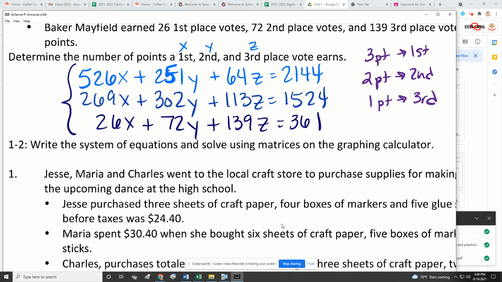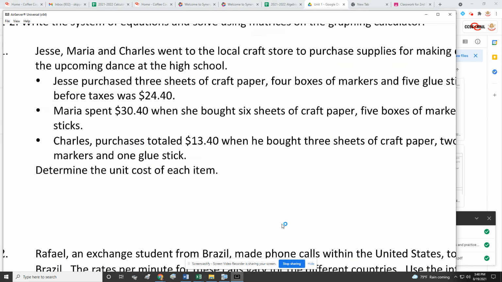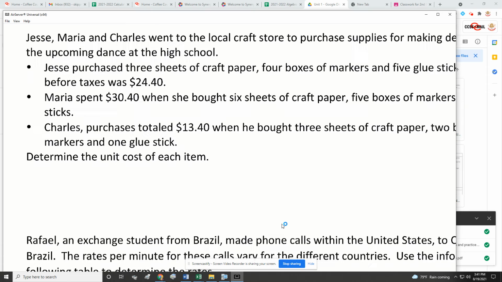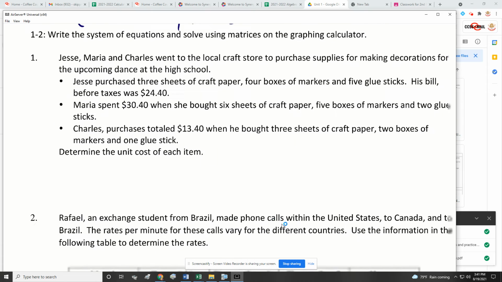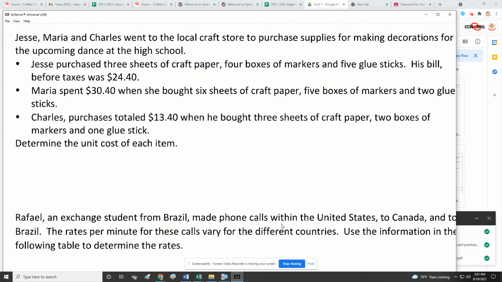So I'm going to have you guys do 1 and 2 on your own. I'm going to get you started on 1. So we have 3 people, Jesse, Maria, and Charles, that are going to a local craft store to purchase supplies for the upcoming dance decorations. All right, what they're purchasing is craft paper, markers, and glue sticks.